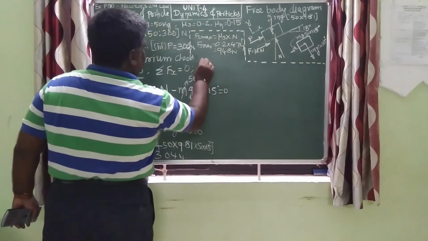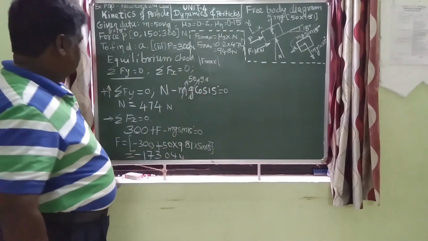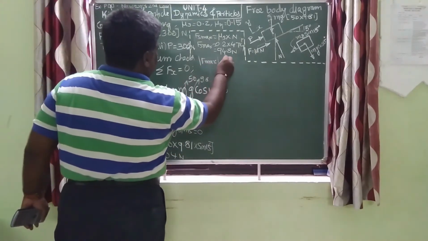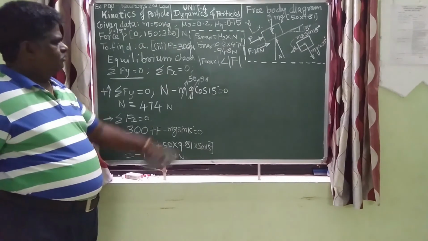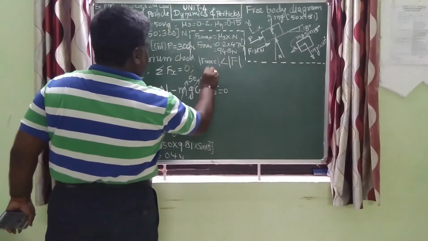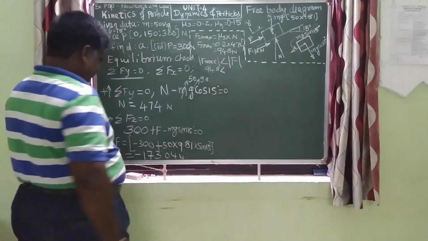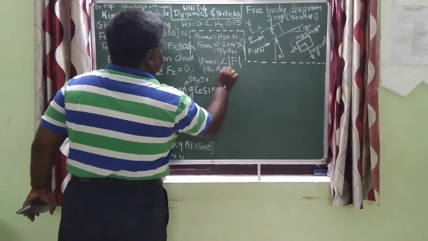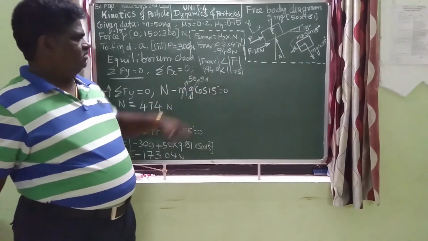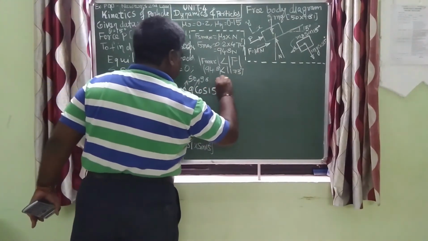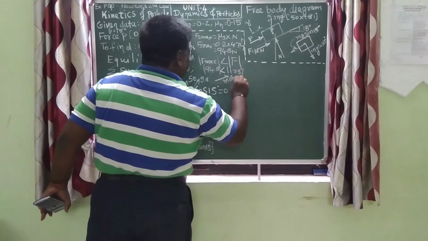Then that F max frictional force, 94.8, is less than the force, 173. So based on this condition, the block is moving due to the external load. The motion is started.